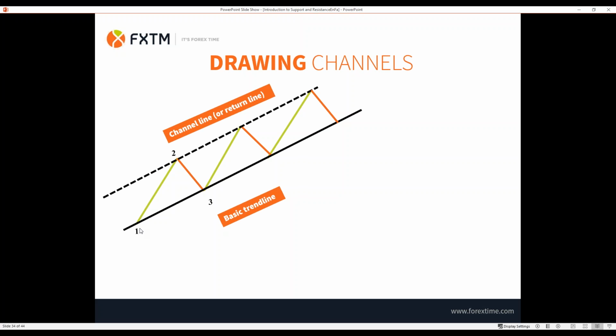So you need at least two bottoms, bottom number 1 and bottom number 3. Since you have two bottoms, it means you have 2 points, so you can draw a straight line. And then you draw a parallel line through top number 2.